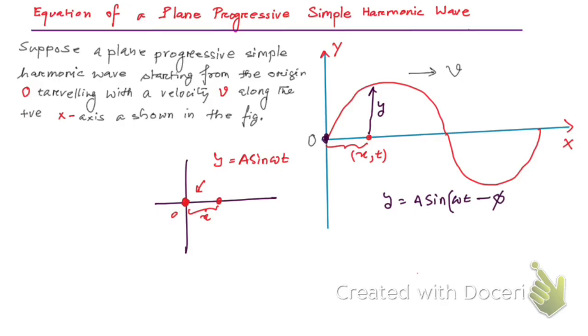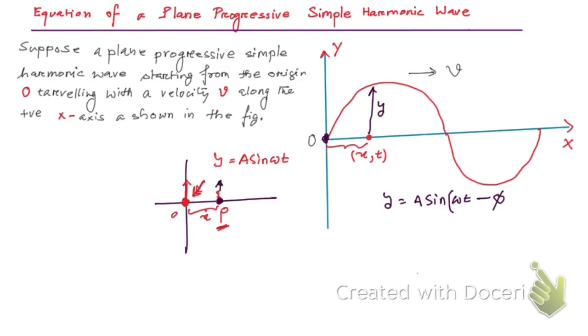When this particle at O goes up, the other particle will start oscillating after an instant, because the particle at O has already started. So it will lag behind the particle at O. Let me take this particle as P. This particle P started oscillating later.